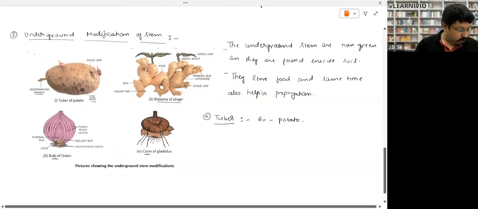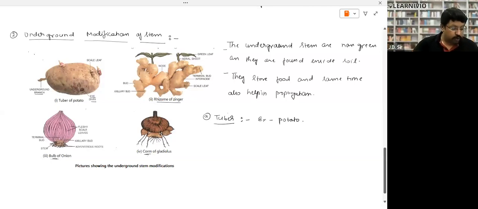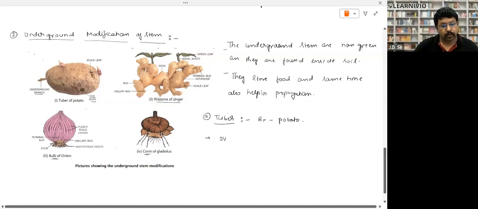In tuber, you can write: it is an oval or spherical, underground swollen structure.